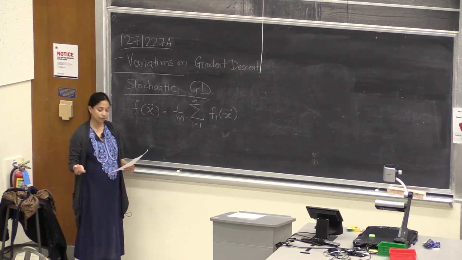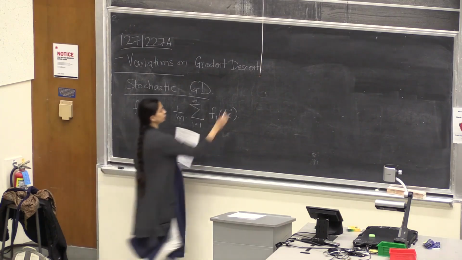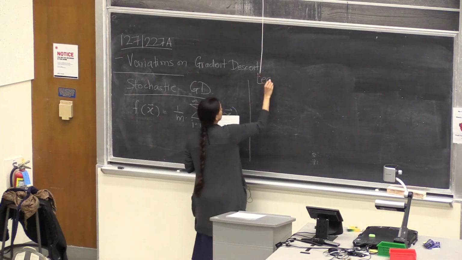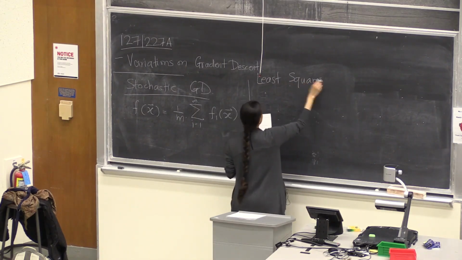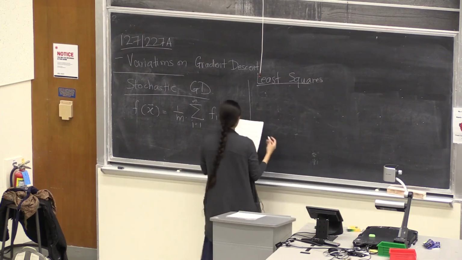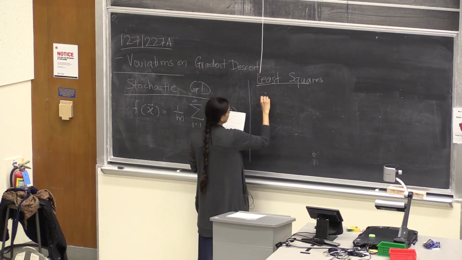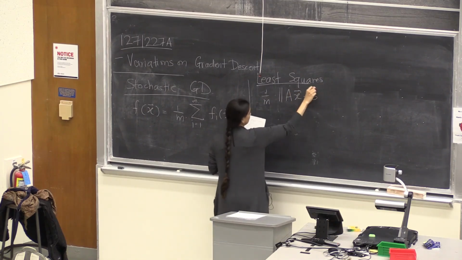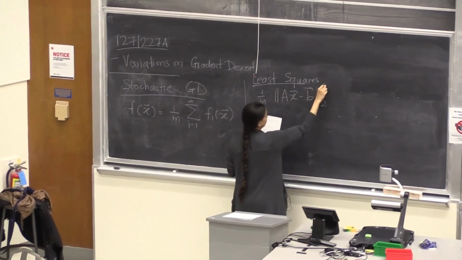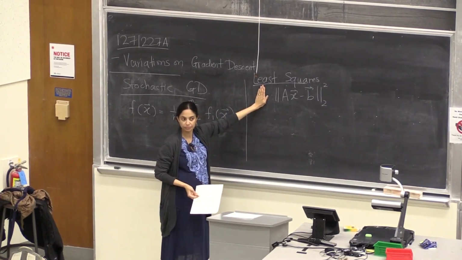It turns out that in a lot of problems that we care about, this is actually the form that you have. And we saw, for example, that in least squares, this is the form that we have, right? For least squares, what do we have? This is my standard least squares objective.